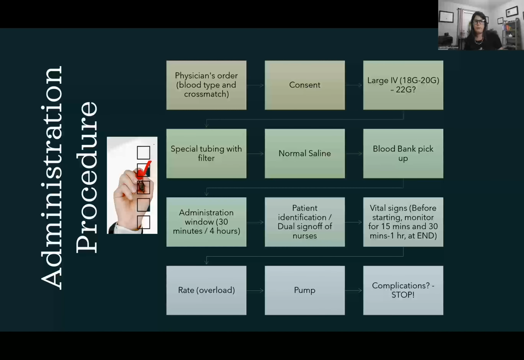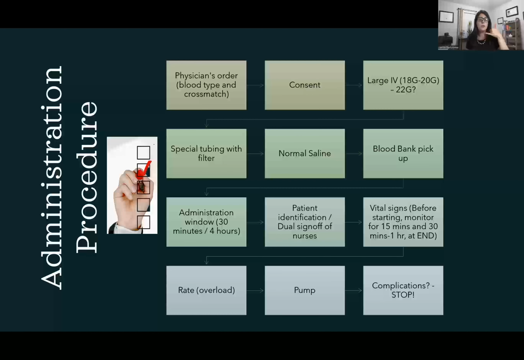You have to pick it up in blood bank. You have to administer the blood within 4 hours from when you started, and start before 30 minutes after you receive it from blood bank. So for example, if I just get this bag and suddenly my IV goes bad and I cannot infuse this through my IV, I need to return it.